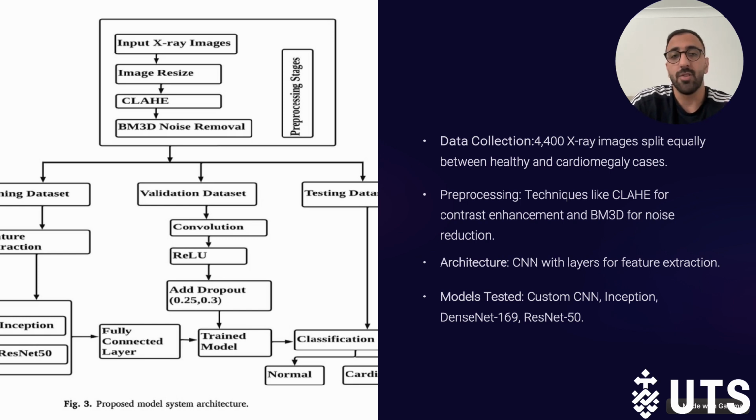Each model offers unique architectural benefits. For instance, Inception used mixed convolutional layers. DenseNet 169 used dense connections to improve feature reuse. And ResNet 50 includes residual connections to avoid vanishing gradients in deep networks.